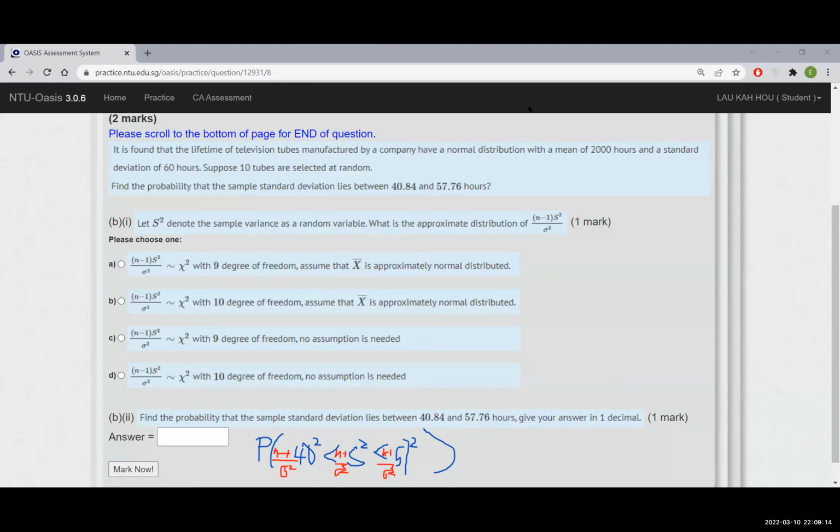I mean, when you use your chi-square table, the middle one is your chi-square. Chi-square between these two numbers is the same as the probability that chi-square is less than the one on the right, minus the probability that chi-square is less than the one on the left.